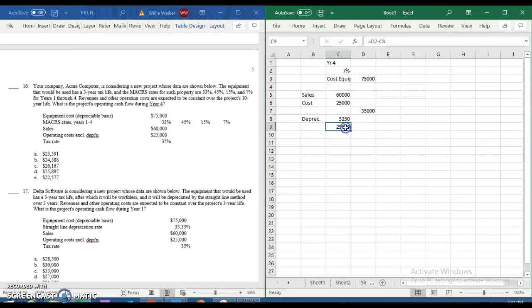Basically, this is 60 grand minus 25 grand minus this depreciation expense. Remember, this is just a running total, so don't think about this just yet. Okay, so this is what we have so far. This is our income before tax. We'll just say income before tax.